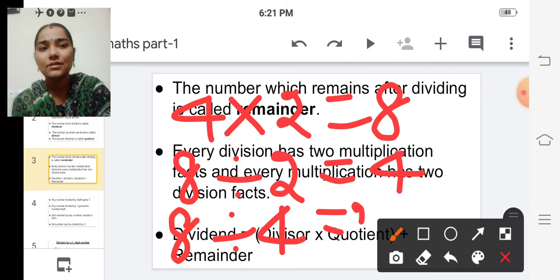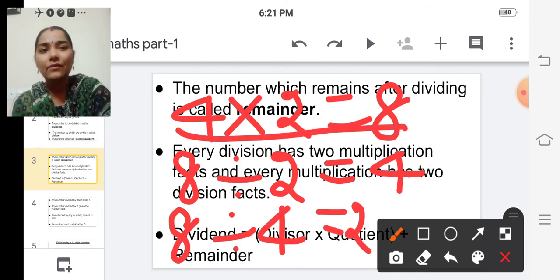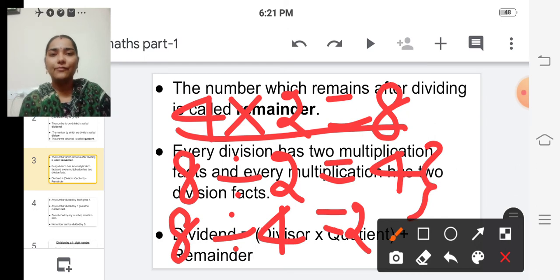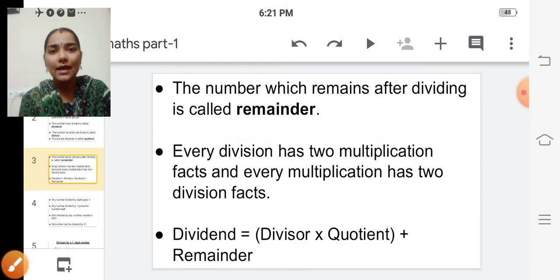So every division has two multiplication facts and every multiplication has two division facts.